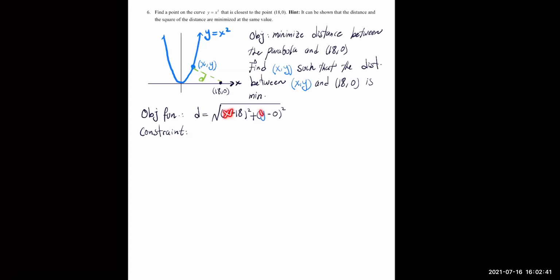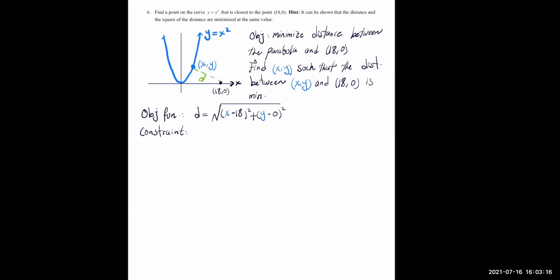This x and y can't be just any (x, y) in space. This (x, y) is the one that is on this parabola. It should satisfy the parabola. I am not going from (18, 0) to wherever I want in R2. We're not free to just go anywhere. We must go to this parabola.